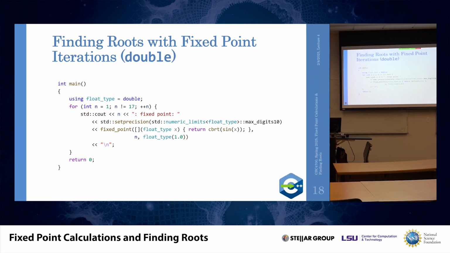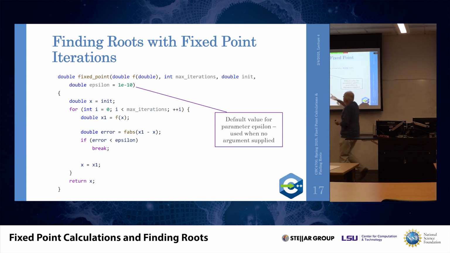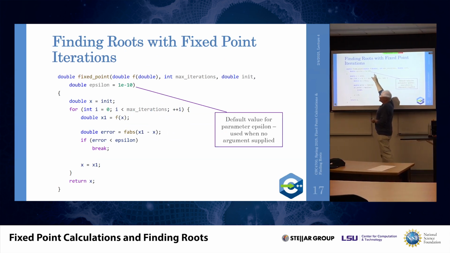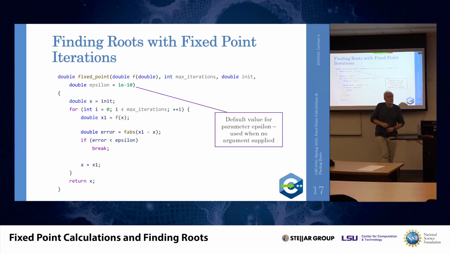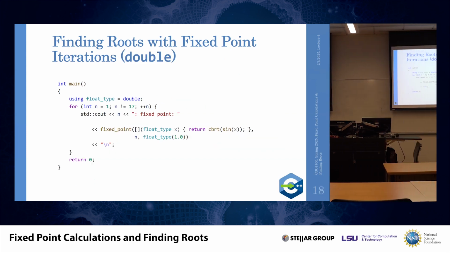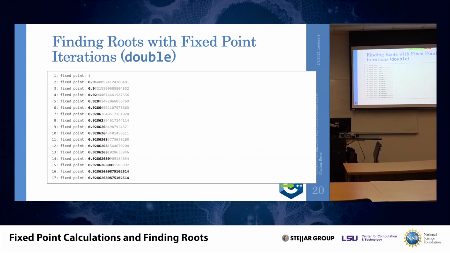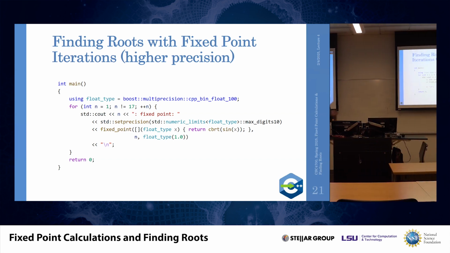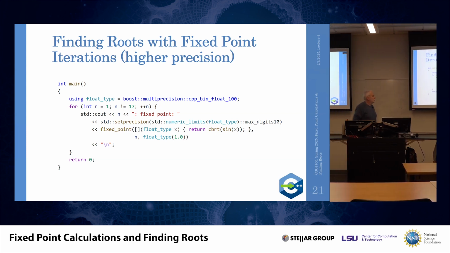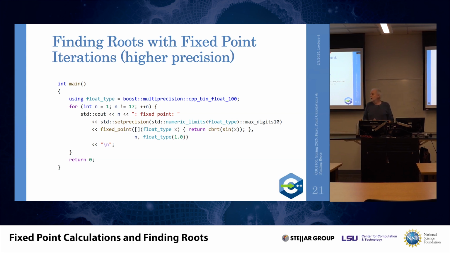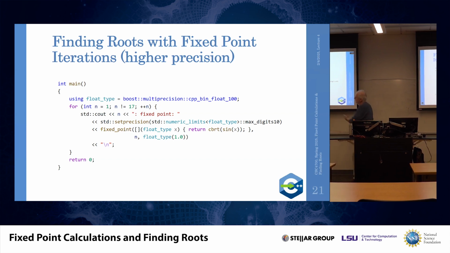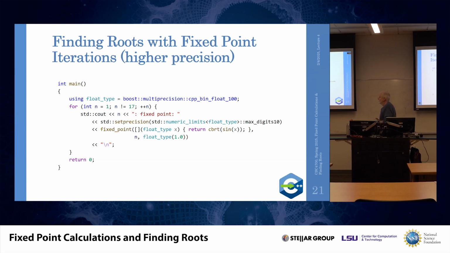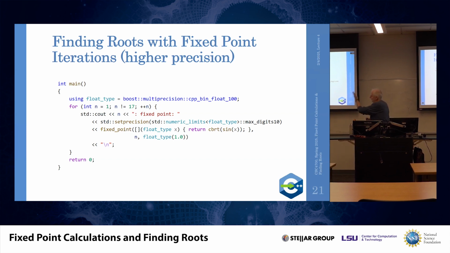If you go back, you see that it expects a function that takes a double and returns a double. But we give it a function that expects a 100-digit floating point type and returns a 100-digit floating point type. So what can we do that we still can use the fixed point function or fixed point algorithm for different data types?